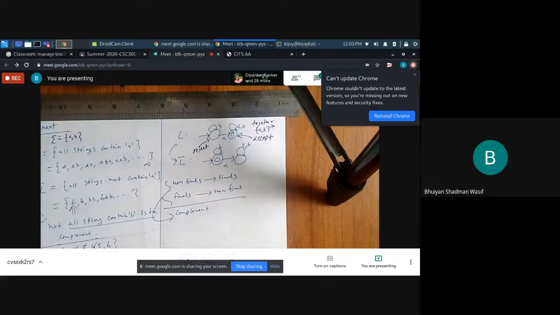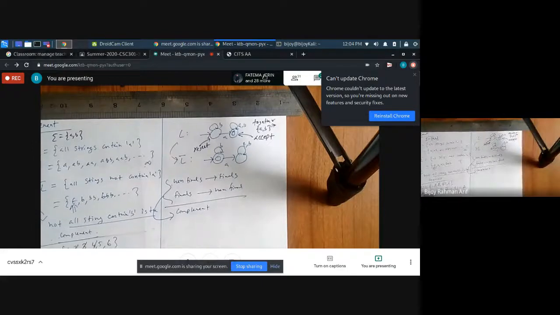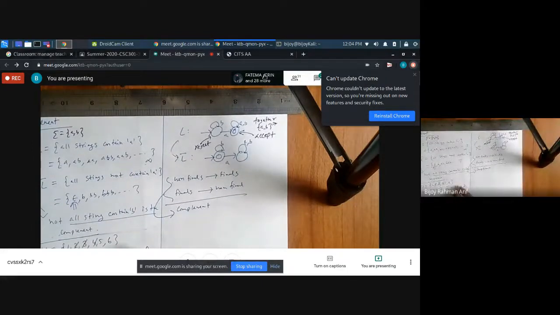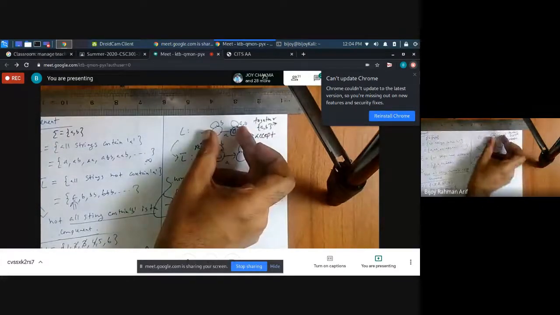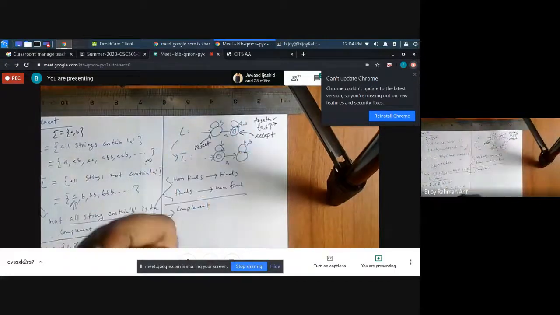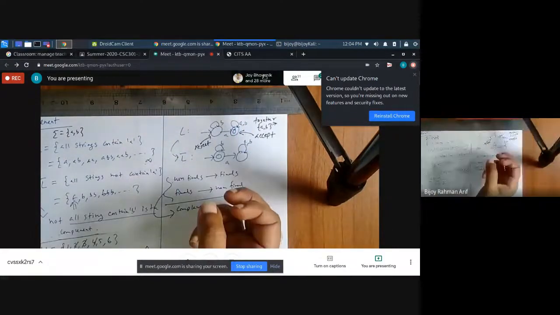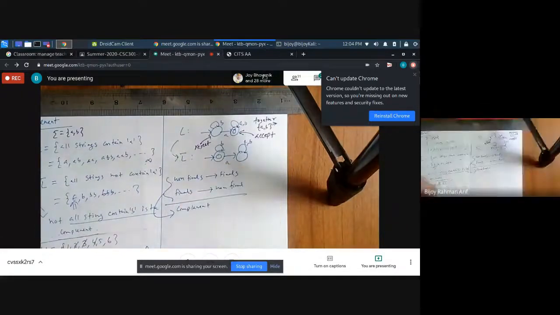Yes, sir. Okay, then if this is the case, what is complement? Complement is nothing but universal set minus A. So in this case, universal is both of these two states. Now I have to discard L1's final state from L complement.